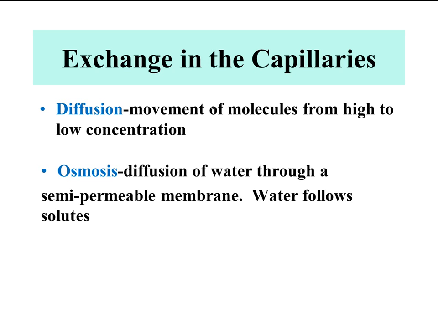Water follows solutes. Okay, let's talk a little bit about osmosis. It's the same as diffusion, movement of something from an area of higher concentration to an area of lower concentration. But in osmosis, it is the movement of water from an area of high concentration to an area of lower concentration.